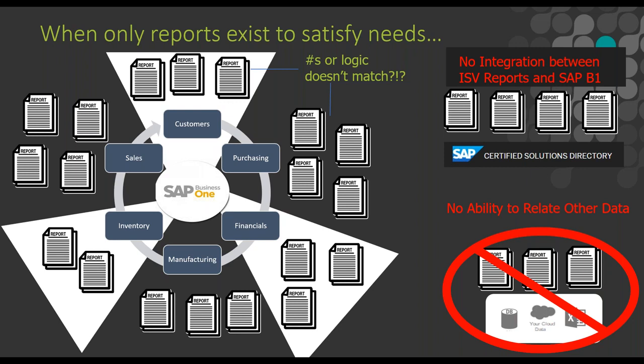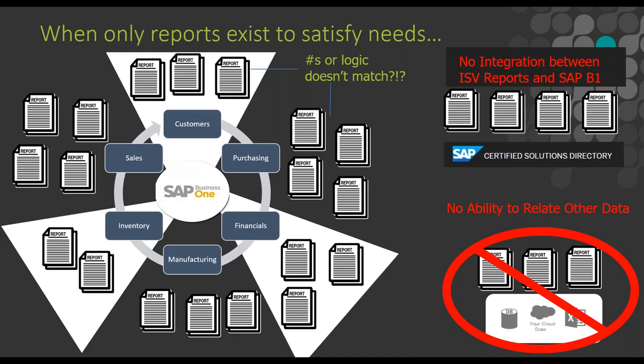And so you've probably seen scenarios in your business where a purchasing report says X, the sales report says Y, and the financial statement says Z. That inability to correlate the data amongst those reports really starts to create scenarios where people aren't sure what to believe. And as a result, that too contributes to the dissatisfaction.